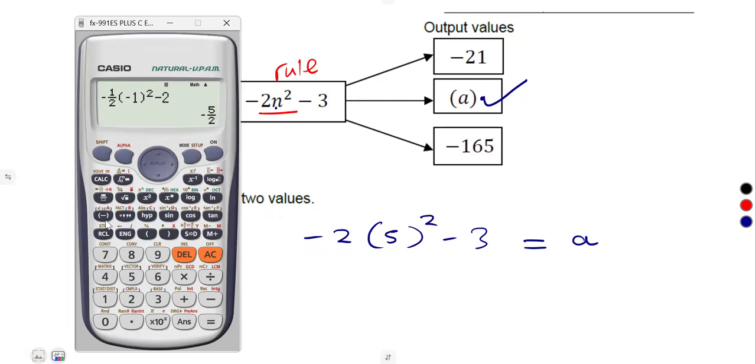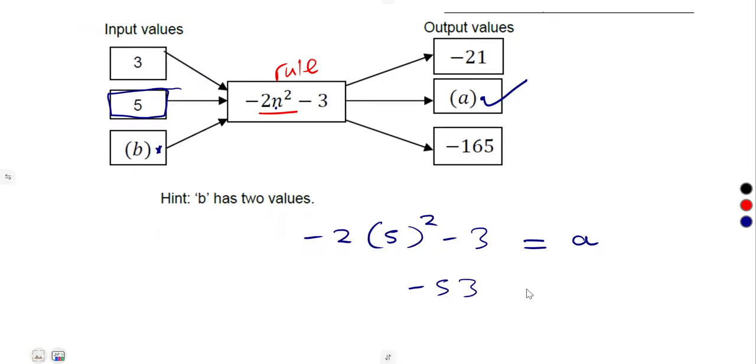There is no need for us to show how mathematical we are. That's negative 53 is equal to a. So if we insert 5 in place of n, our answer is negative 53. That is what it means.